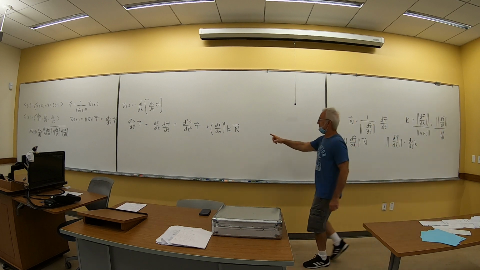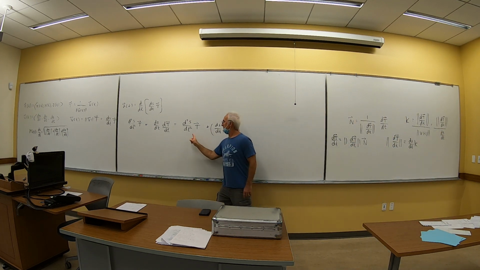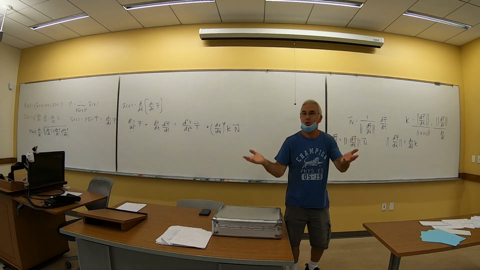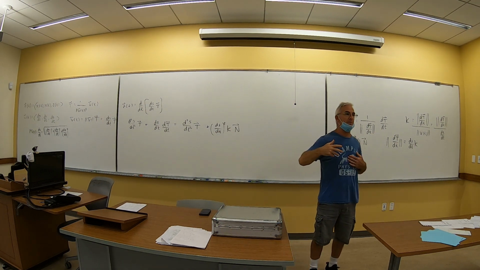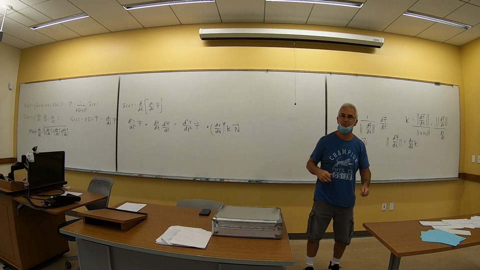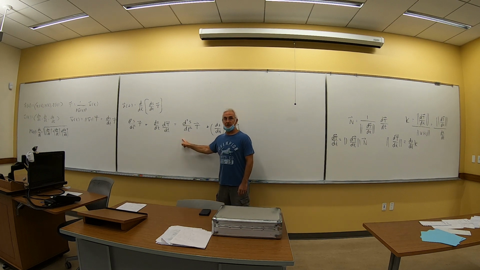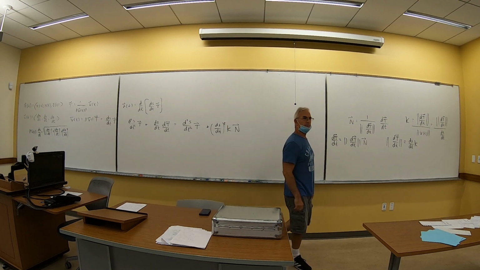So these things in front, think of these as constants. Because at any point in space, when I evaluate, now obviously they start off as functions, but if I said describe the acceleration after t equals 2, or after t equals 10, or after t equals 100, then these would just be constants, okay?